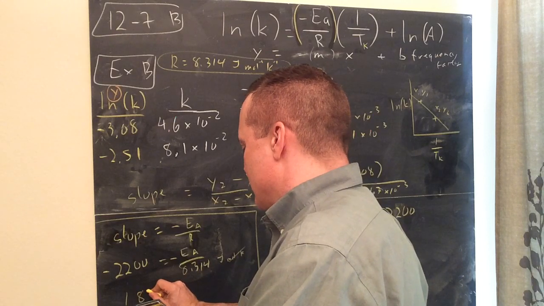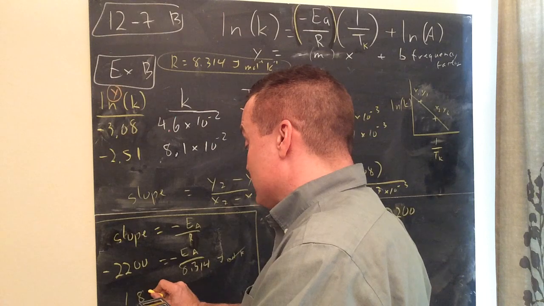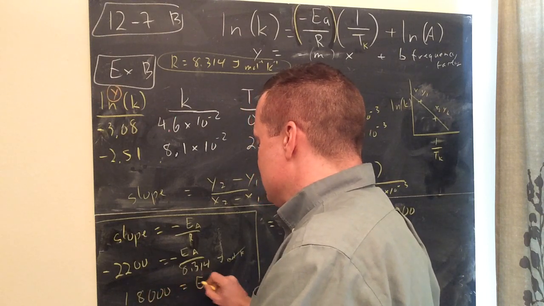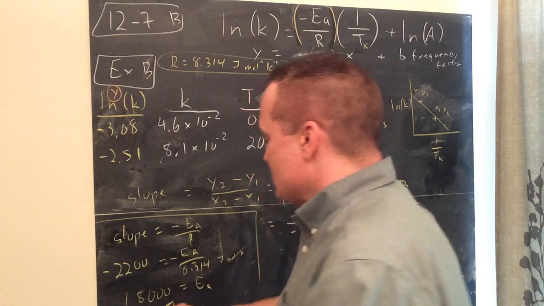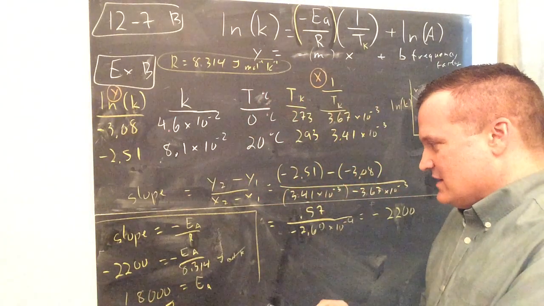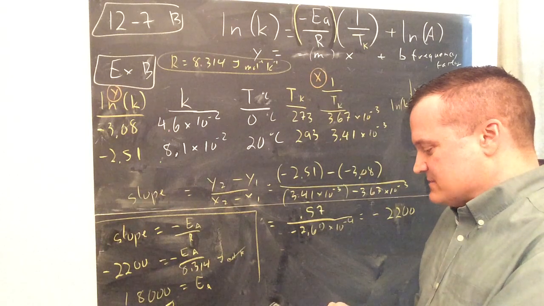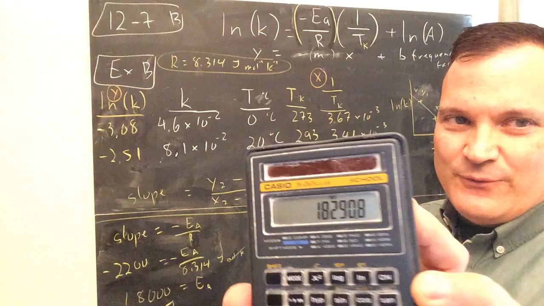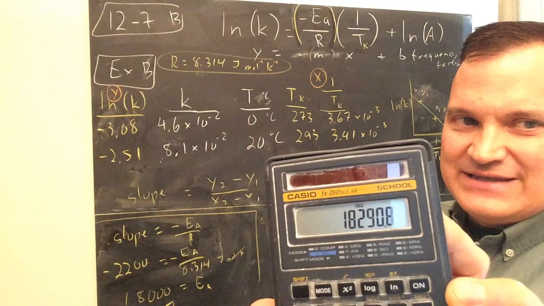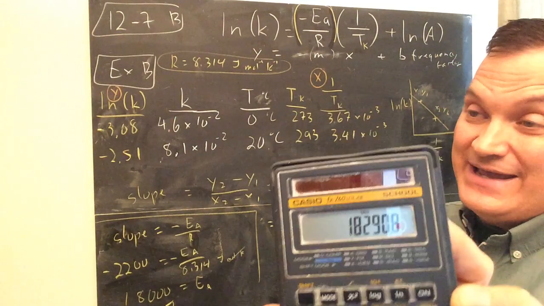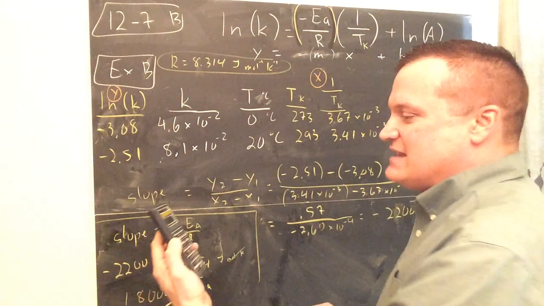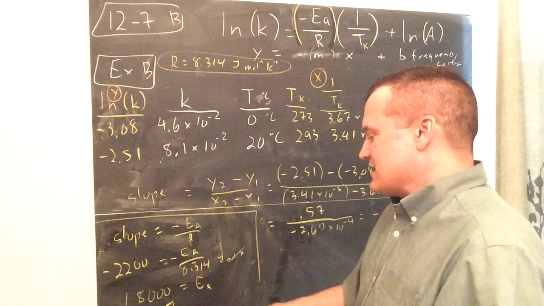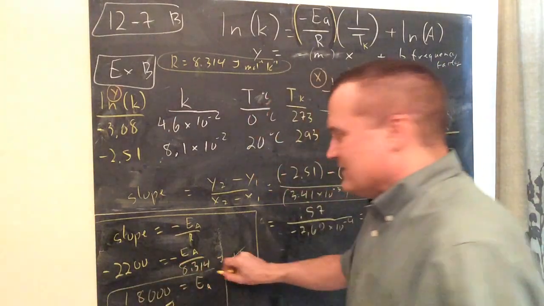I get 18,290.8, which with sig figs will be just 18,000 equals EA. So that's joules, 18 kilojoules. Sorry, 18,000 joules is your activation energy. All right, that's how you do it.